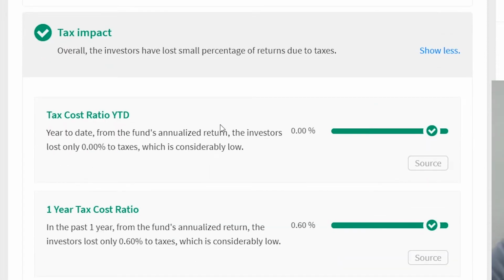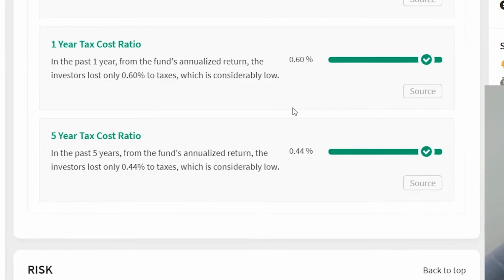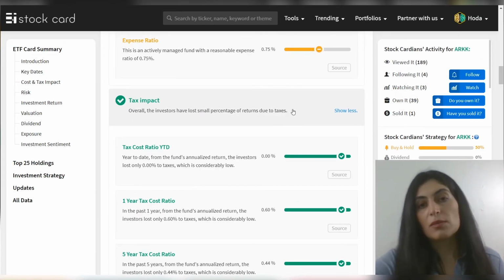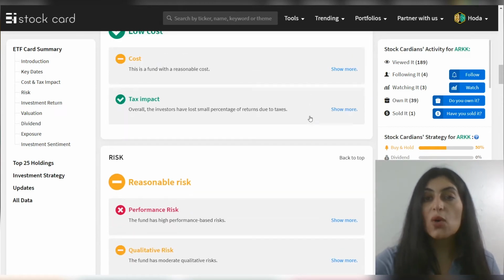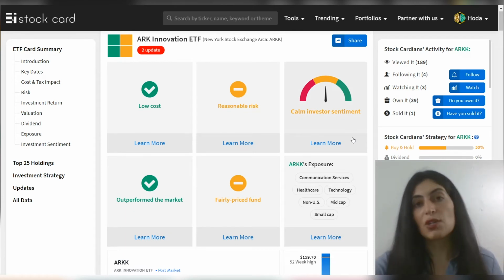Year to date, there hasn't been any tax cost for ARK, and in 1 year and 5 years, the tax implication for that ETF is much smaller than many other comparable ETFs. So that's why it is a very, very low cost considering all the advantages it provides too.